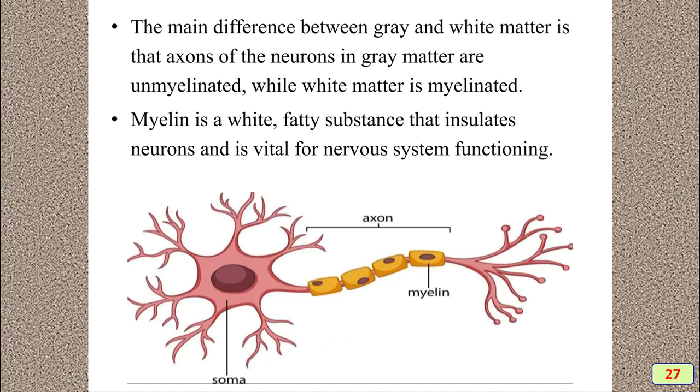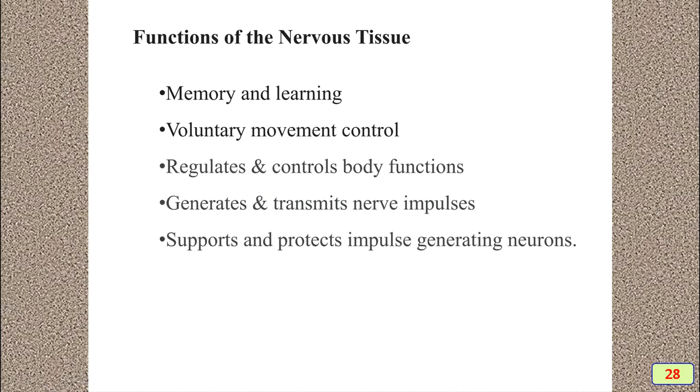Then the functions of the nervous system: a lot of functions are there. Memory and learning are functions of the nervous system, then control of the involuntary organs, and voluntary movement also requires the central nervous system.